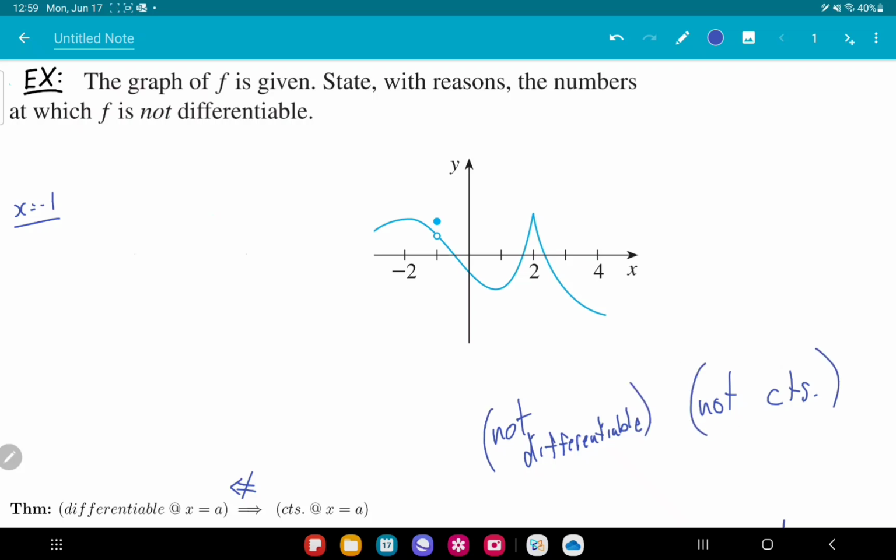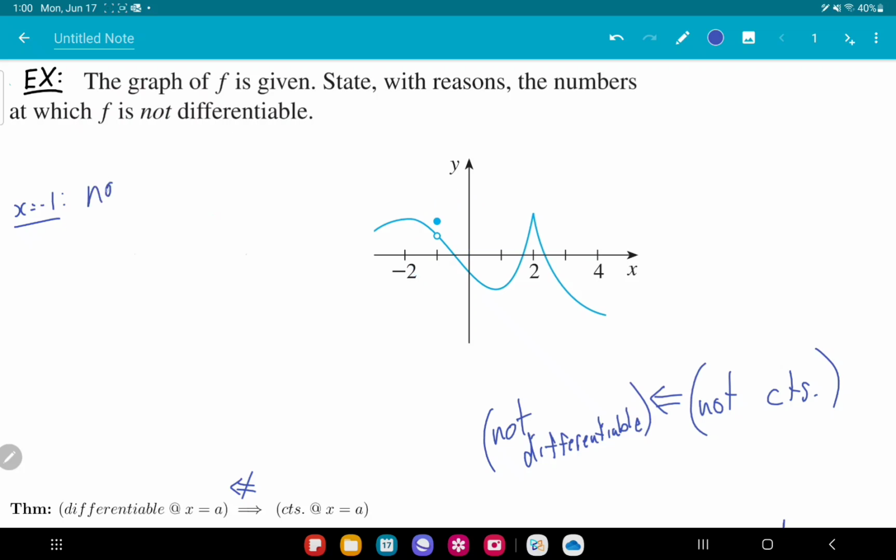Which way does the arrow go? Well, this arrow down here, this guy is being reversed, right? Okay, not continuous is going to imply not differentiable. So at x equals minus 1, my function is not continuous. Therefore, it is not differentiable there.